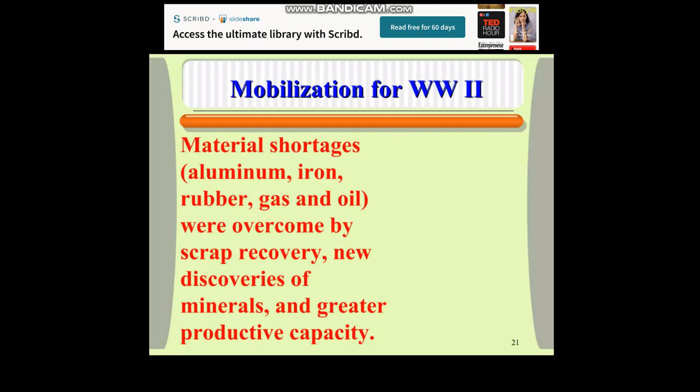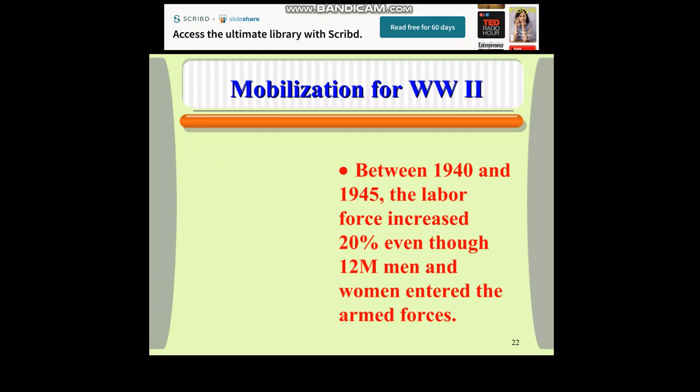Material shortages of aluminium, iron, rubber, gas, and oil were overcome by scrap recovery, new discoveries of minerals, and greater productive capacity. Between 1940 and 1945, the labor force increased 20%, even though 20 men and women entered the armed forces.